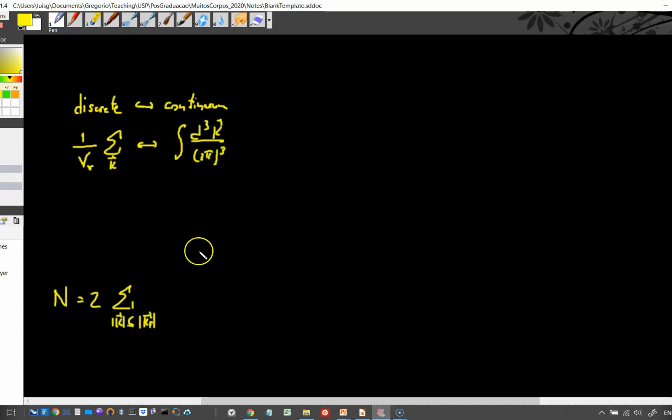So the sum is 2 times the volume times this integral of d3k in a sphere of radius kF, right?